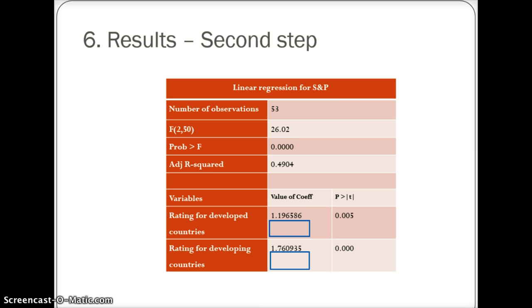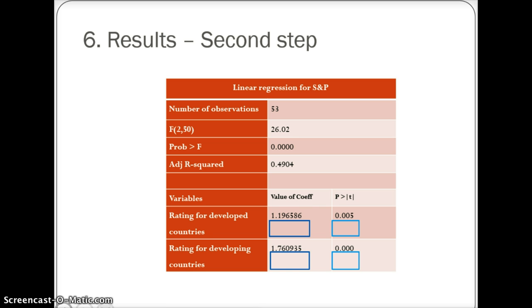For S&P, the ratings for developed or developing countries are significant at a 10% level. For the developing countries, we can see that the impact of the rating on the interest rate is higher than for developed countries.